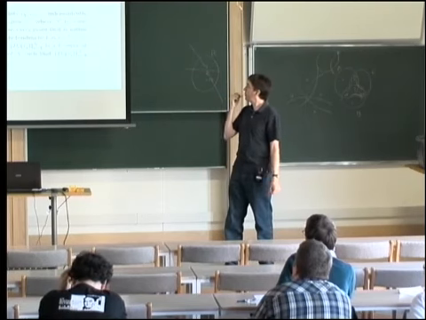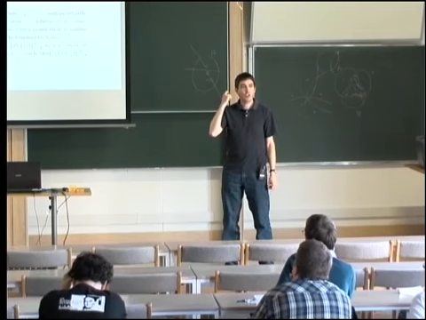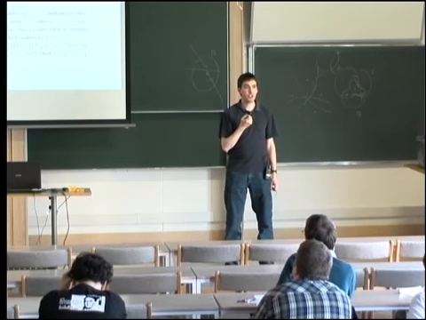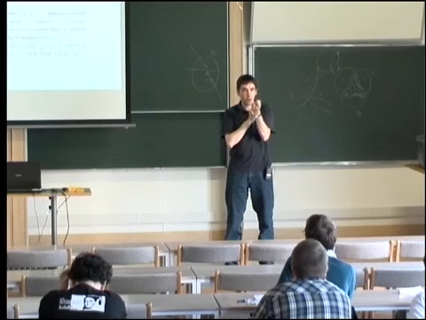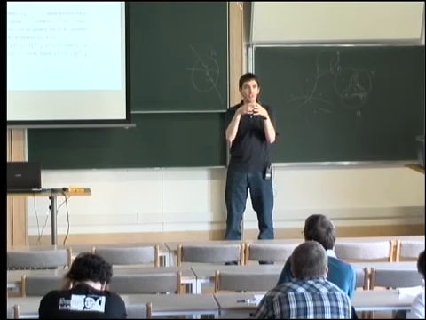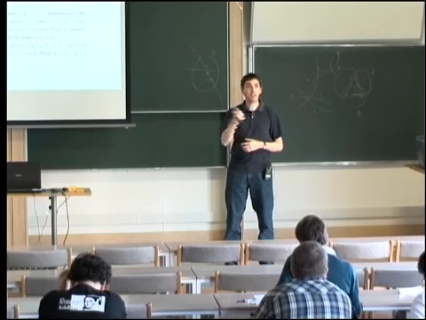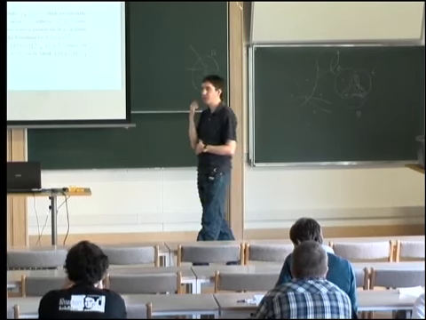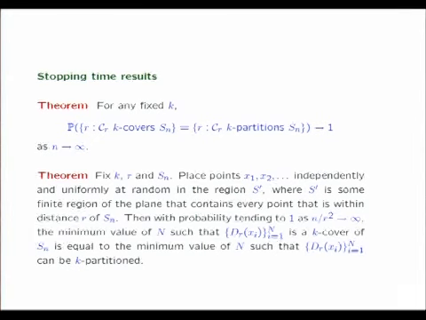And it turns out that with high probability, you get K partitionability exactly at the same point that you get K coverage. So in other words, the last little point that wasn't K covered disappears as the sensor regions get larger, and the moment that happens, it's actually K partitionable. There's no gap. So the worst obstruction to K partitionability is the fact that it doesn't actually K cover.